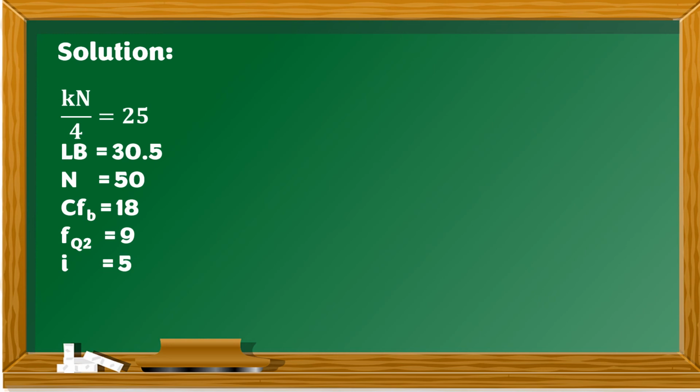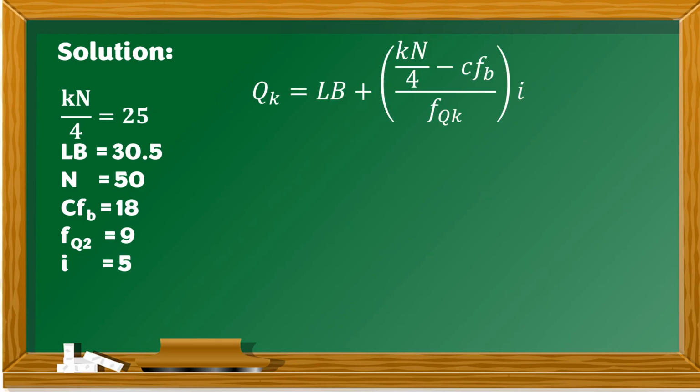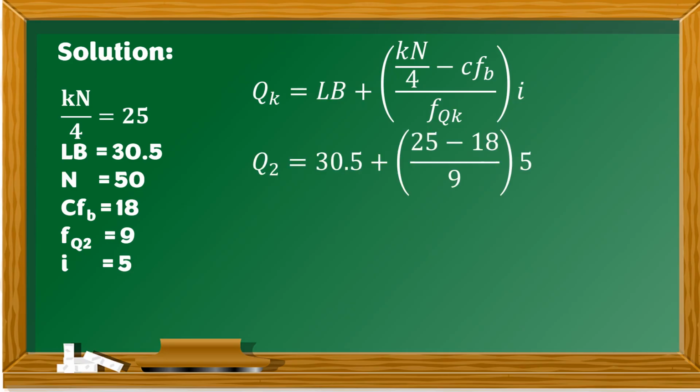That is CFB. And then the frequency of the middle quartile class is 9. And the interval is 5. And the formula, so we're going to substitute the values of LB, CFB, Fi, and Kn over 4 in the formula. So we have the value of K is 2.